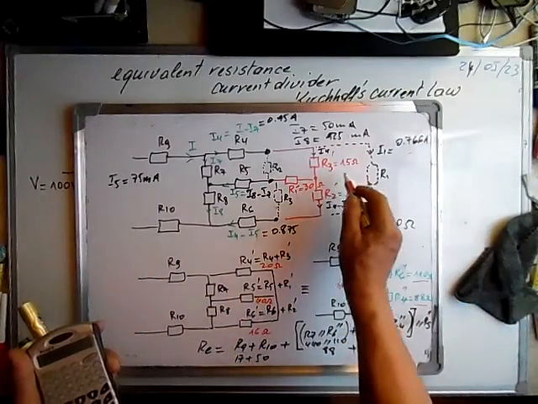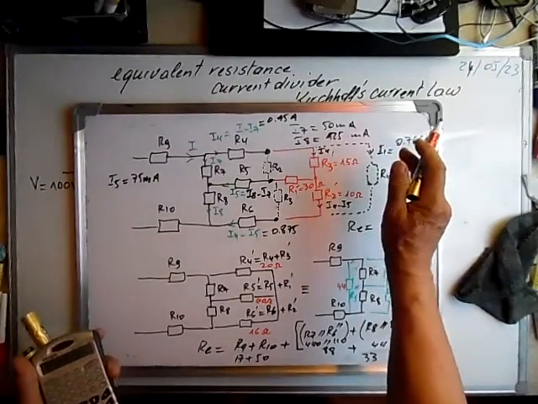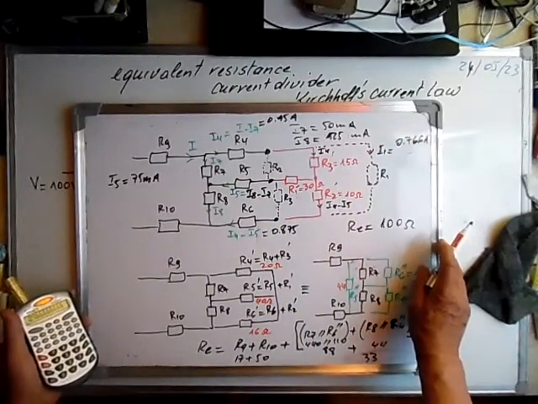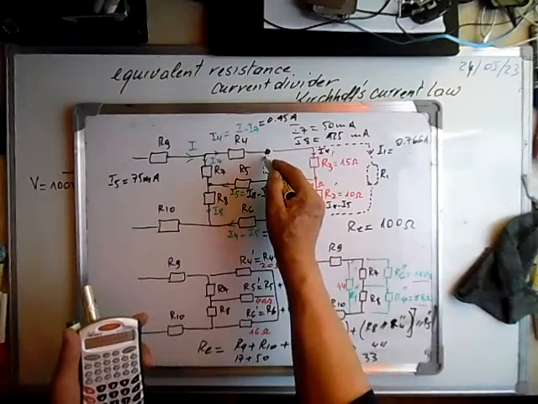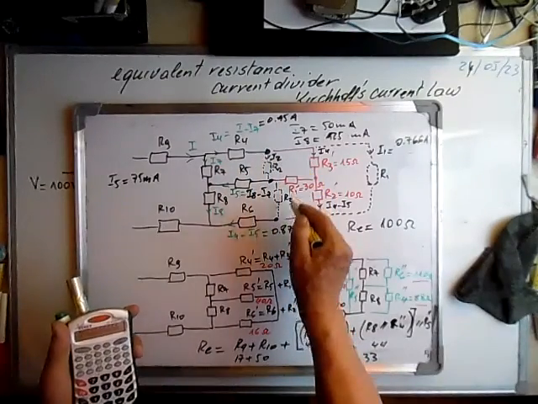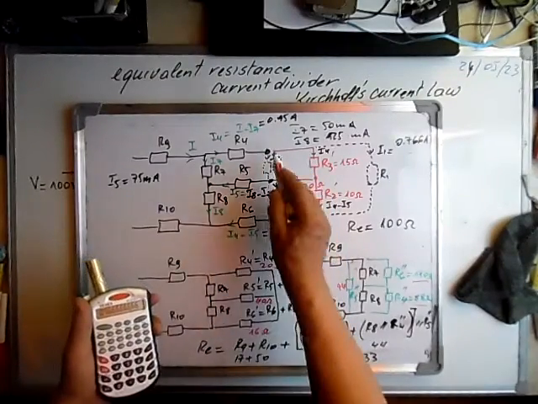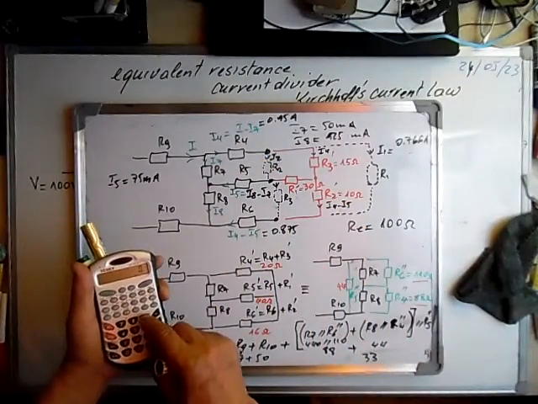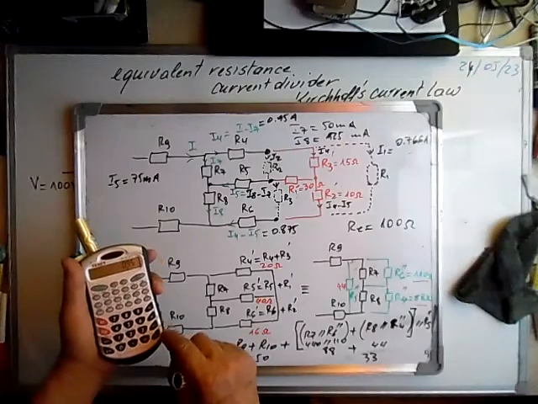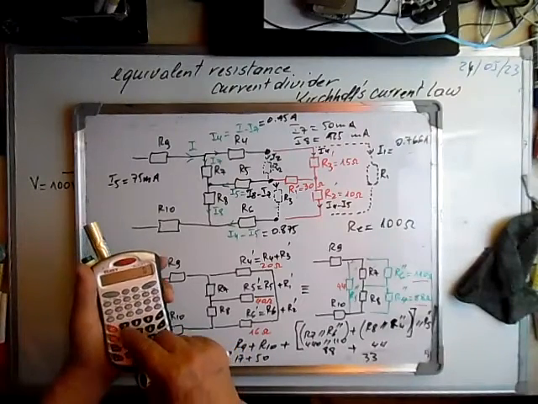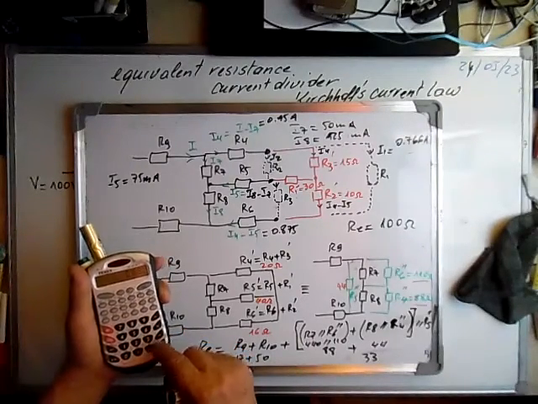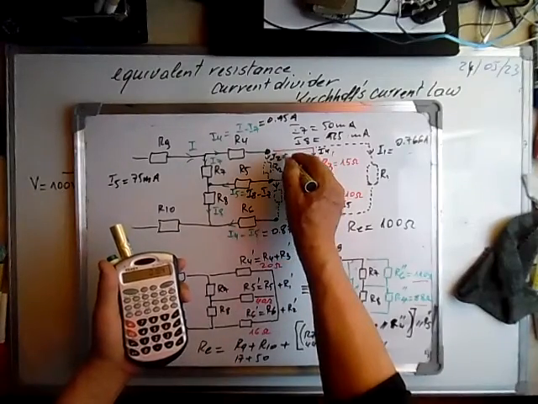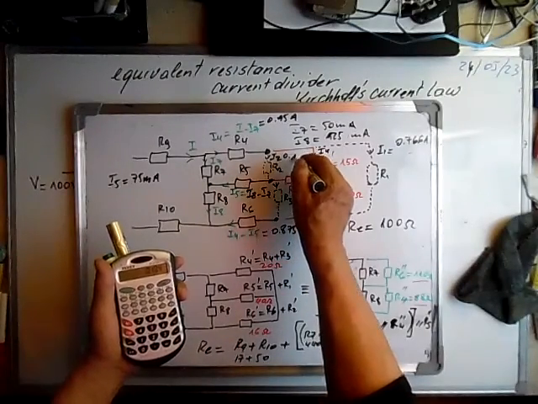We are left with I2 and I3. I2 will be I4 minus I1, 0.95 minus 0.766, it's 0.184.